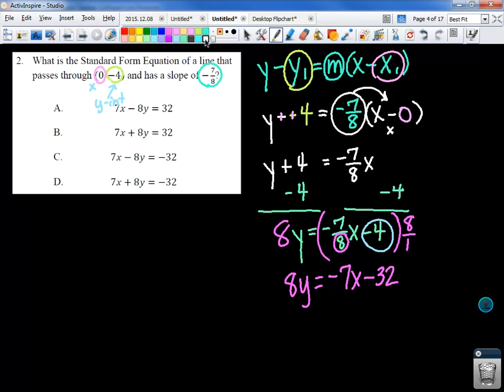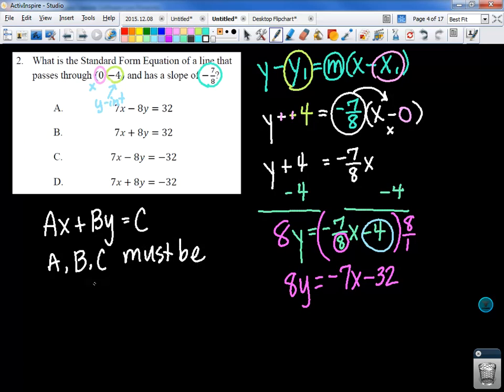Now, standard form is a special form, and it goes ax plus by equals c, and a, b, and c must be integers, if possible, and a must be positive.